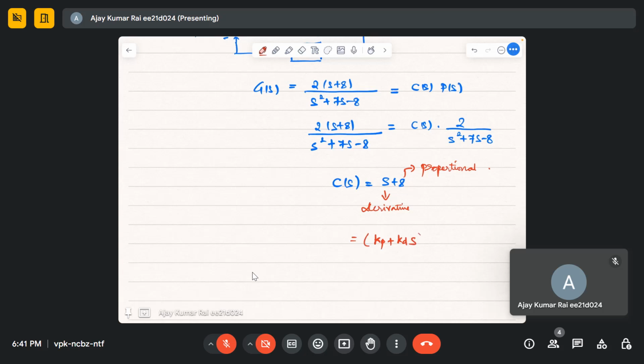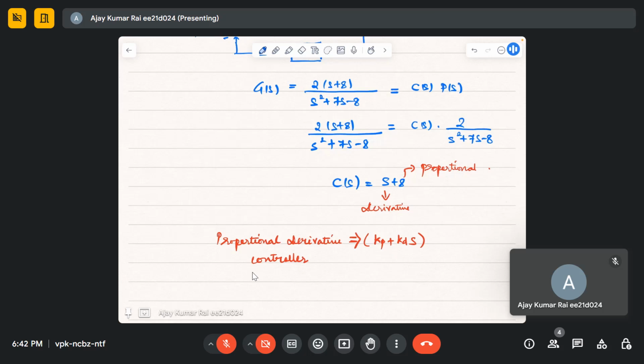Can you remember this form? Just see what the coefficients are here.